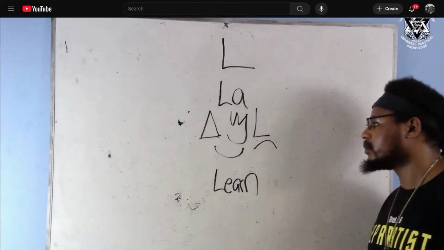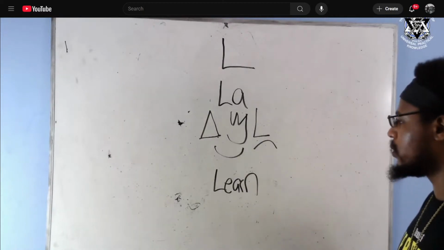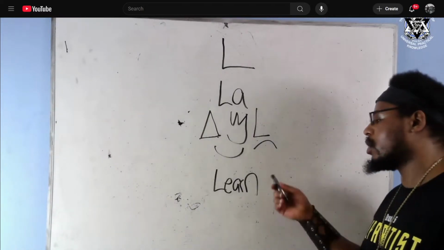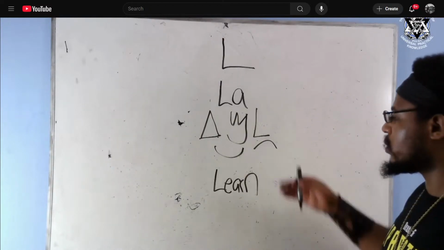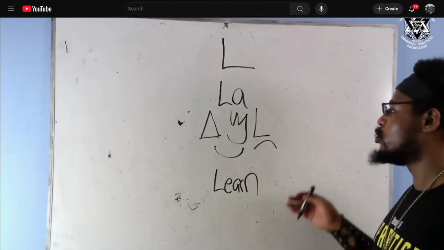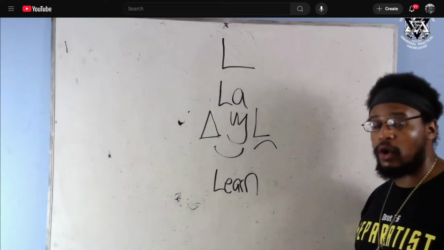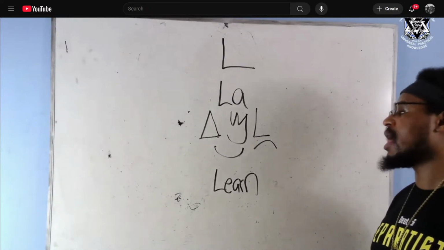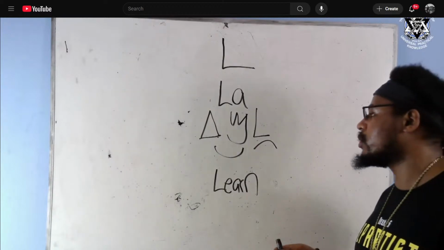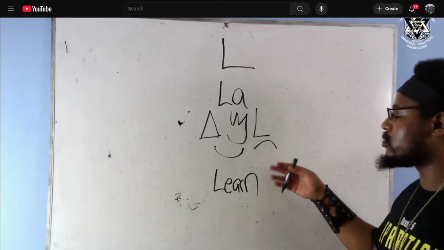For this one, this is the single connector, the frowny face. The single connector means you pronounce the whole character, so this would be La. You wouldn't say L, you would just say La.